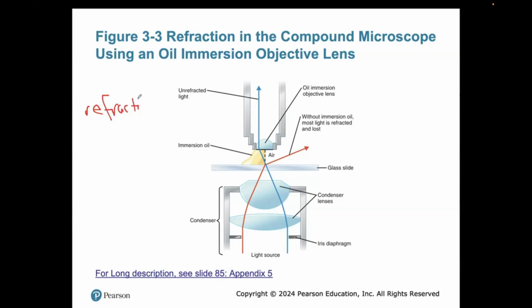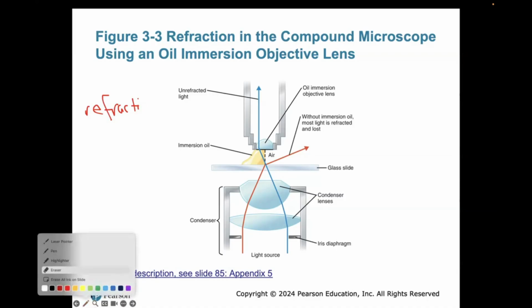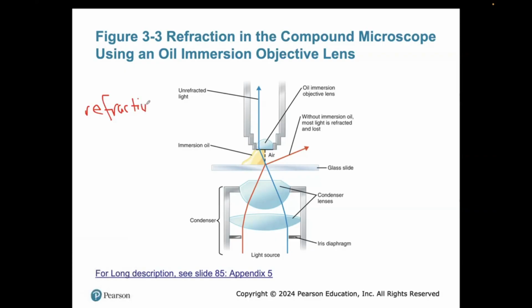The refractive index does not have any units. Refractive indices do not have units. It is just a number that's going to be a ratio. For air, its refractive index is 1.00.